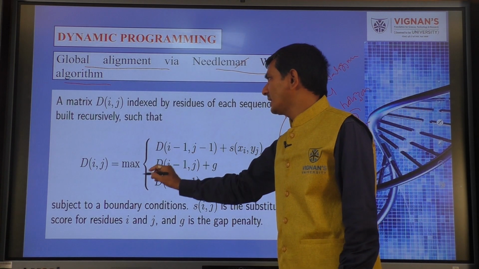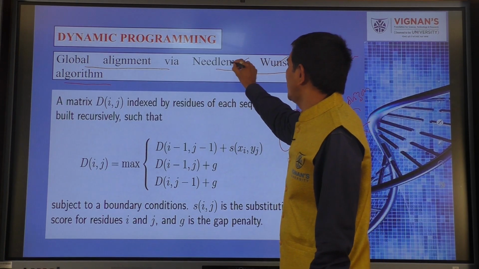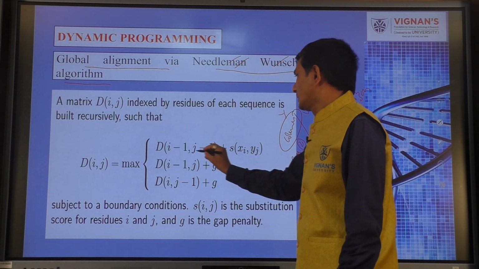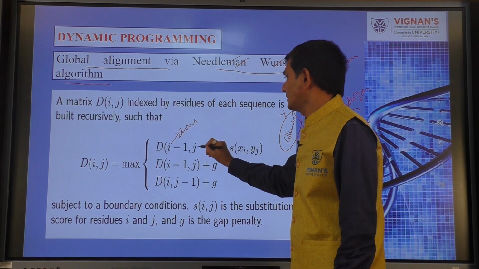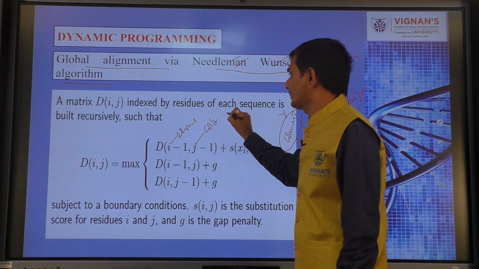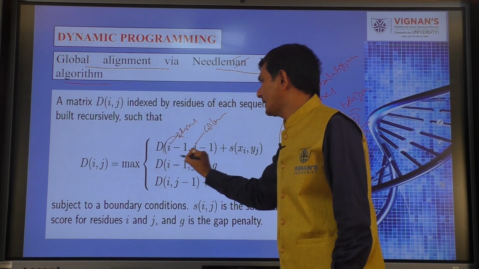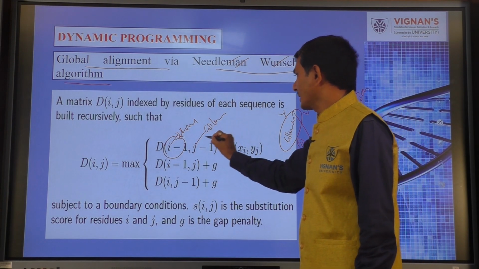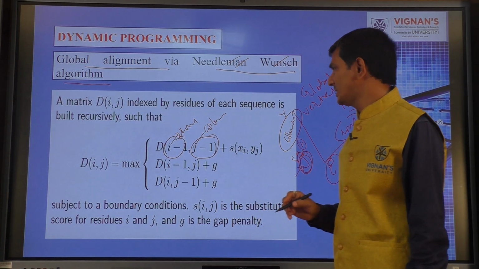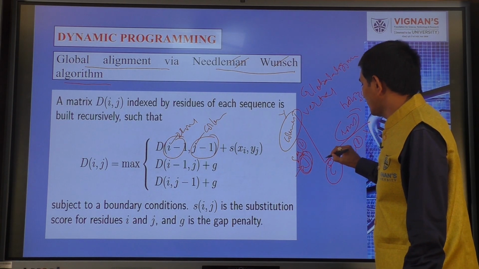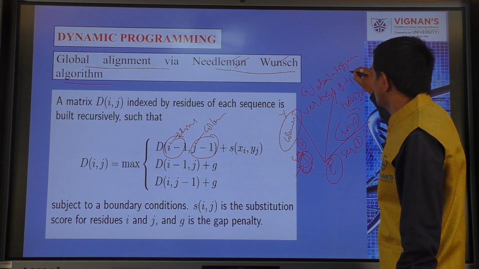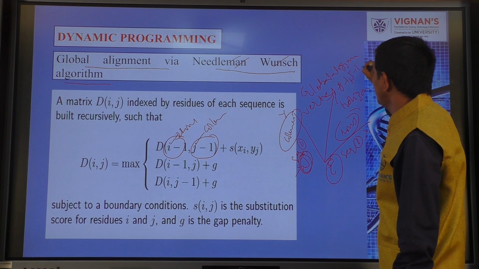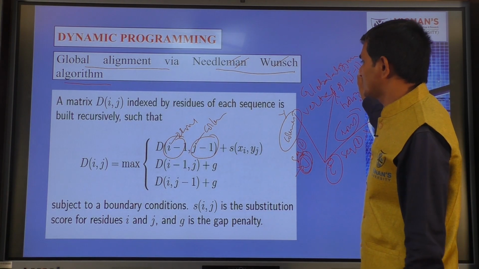The three conditions specified by Needleman-Wunsch are as follows. As you know, i is the row and j is the column. So i minus 1 indicates change in row, similarly j minus 1 indicates change in column. That is nothing but the diagonal. The diagonal indicates change in row, denoted by i minus 1, and change in column, denoted by j minus 1.